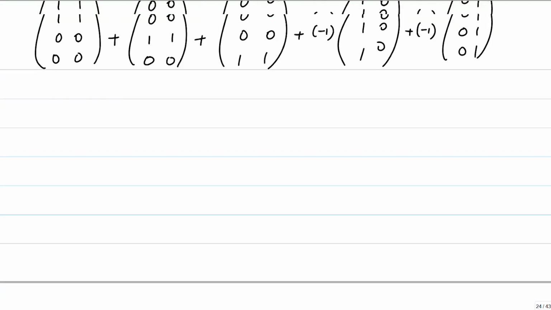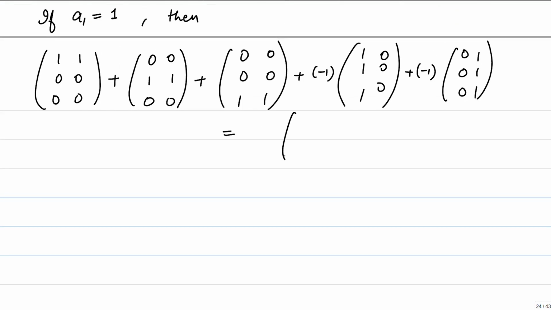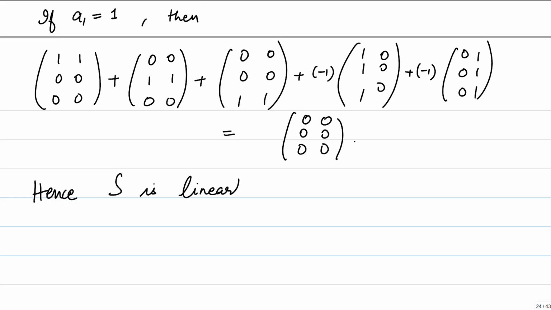This will just turn out to be the 0 vector, which is 2, and therefore this set is linearly dependent. Hence, S is linearly dependent.